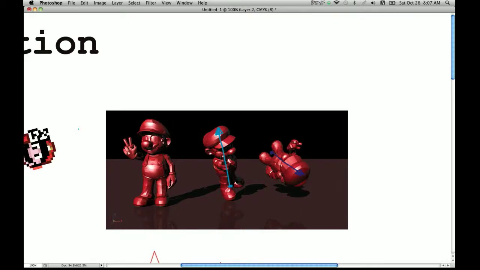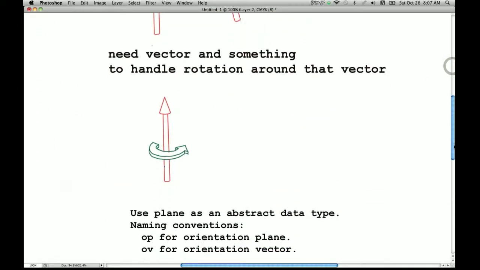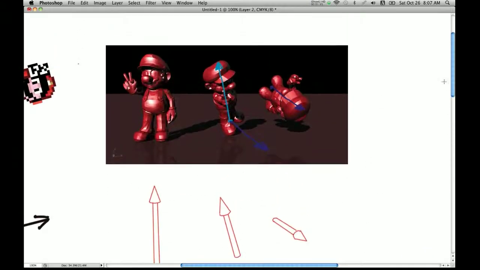So because we're dealing with only orientation, let's superimpose, imagine this Mario right there. And right now we're not going to worry about changing the rotation around.